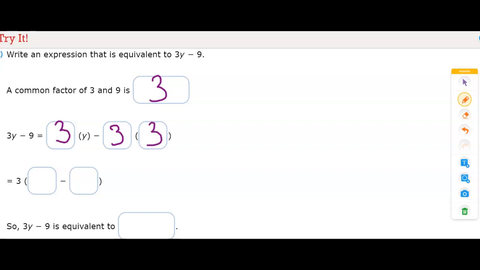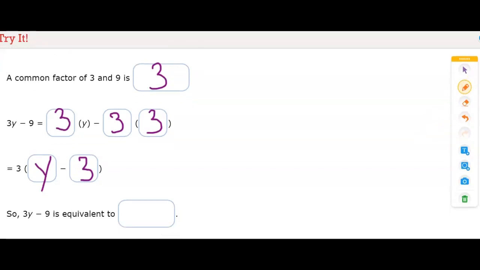We can rewrite that as 3 times the quantity y minus 3. And that's another way of writing that very same expression.